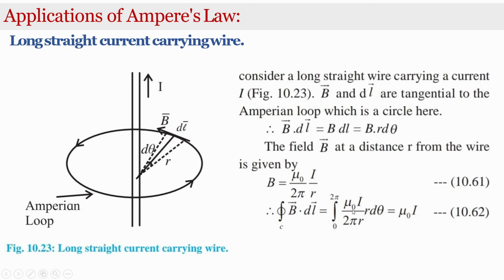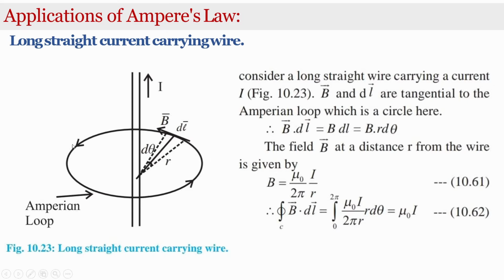B is mu naught I upon 2 pi r, and dl is r d theta. Substituting r d theta, r gets cancelled, so what remains is mu naught I d theta upon 2 pi. Since mu naught I upon 2 pi is a constant, it is taken out of the integration, so what remains is the integration of d theta, which is the angle theta.